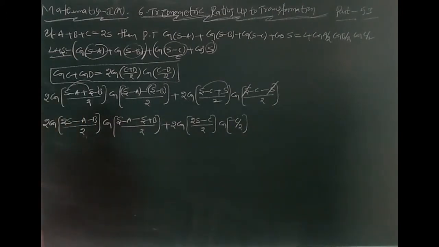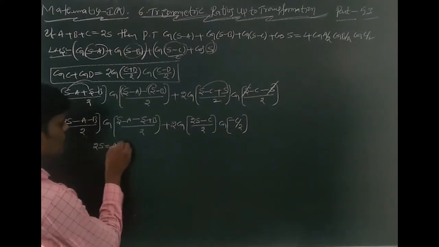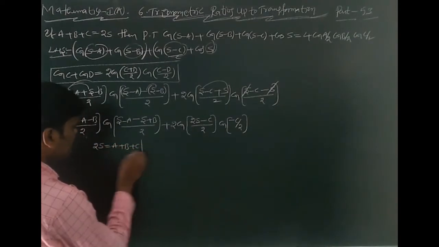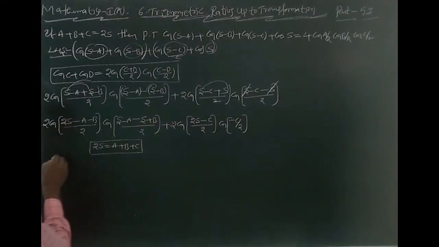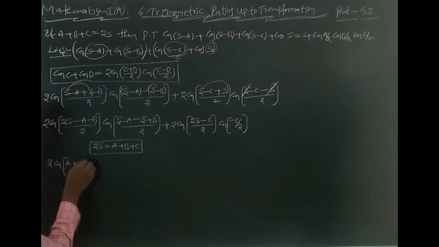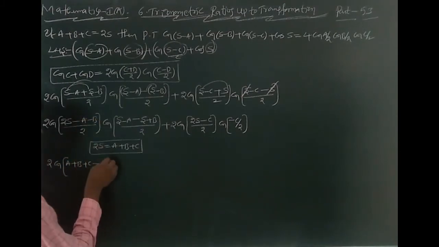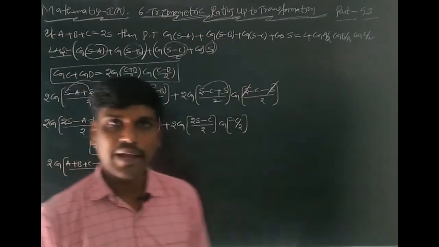After that, 2s equals how much? You know that 2s equals a plus b plus c. You can write 2 cos of (a plus b plus c minus a minus b) whole by 2. Once again, I explain to students.